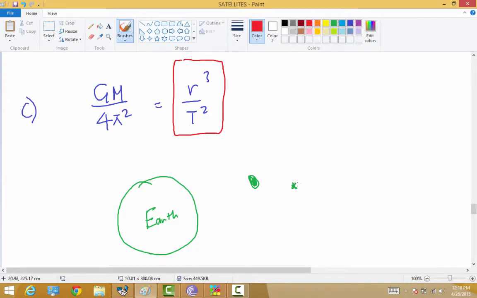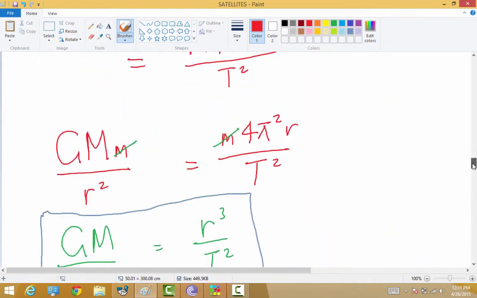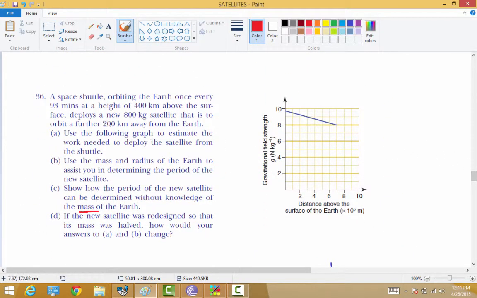The shuttle is at 400 km and the satellite is at 600 km. We know the period of the shuttle, which is given in the question. Let me go back to the question. The period of the shuttle is 93 minutes.